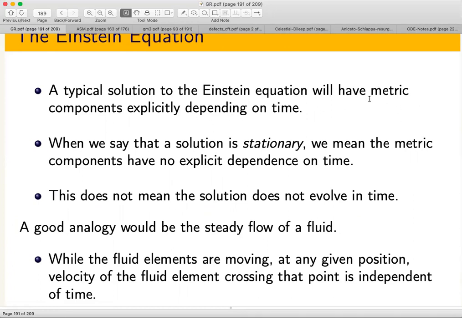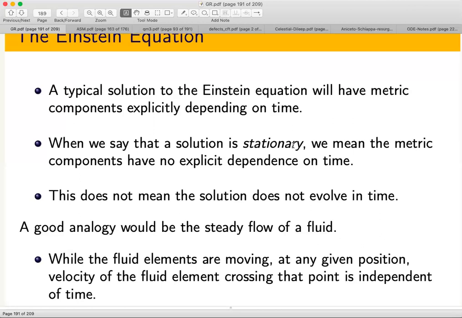Before we talk about static, let's talk about something called a stationary solution. When we say a solution is stationary, by that we mean that the metric components have no explicit dependence on time. That means you write down g alpha beta as a function of only x^i and not x^0.